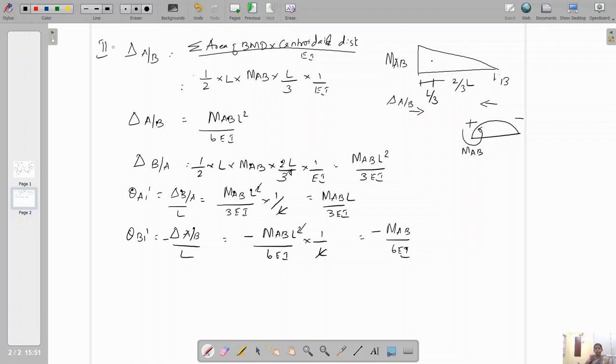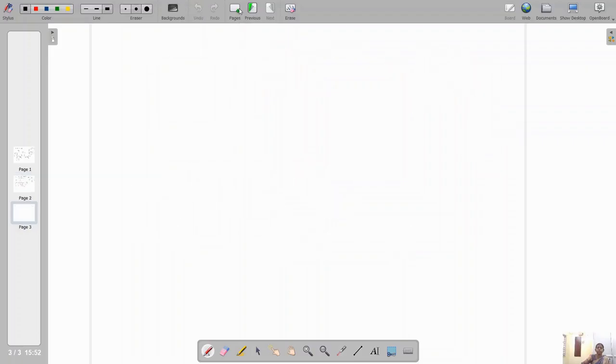The third part, we are going to apply a moment at support B, and what are the effects towards A we are going to find. Previously we have assumed the direction of moment is like this. So I am going to apply this type of moment, that is, this is the moment direction to get a sagging curve.